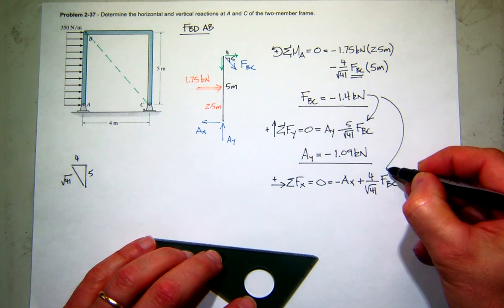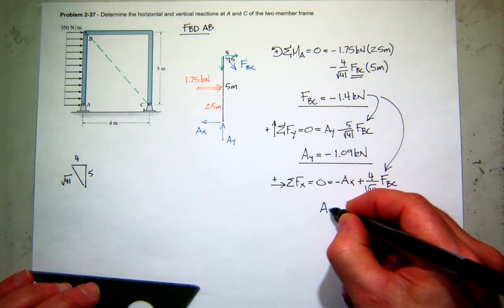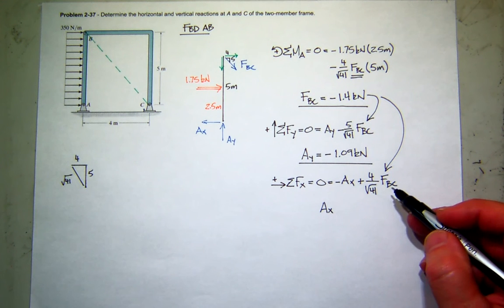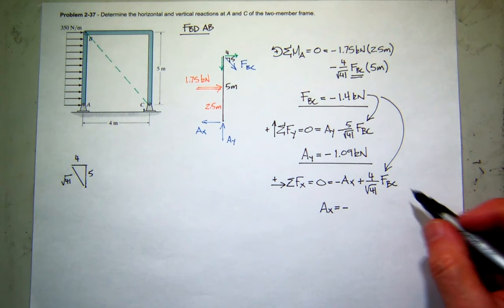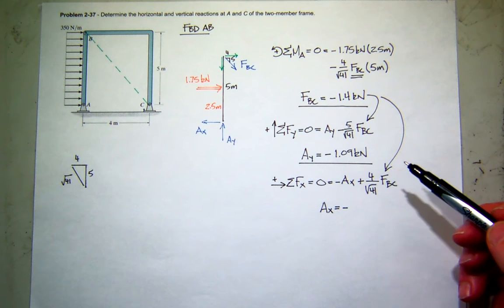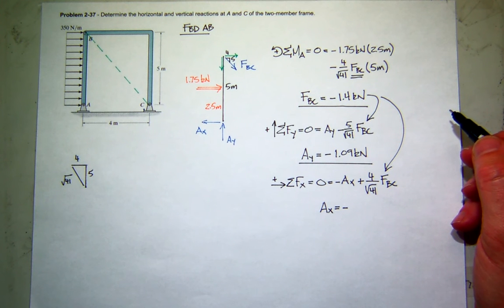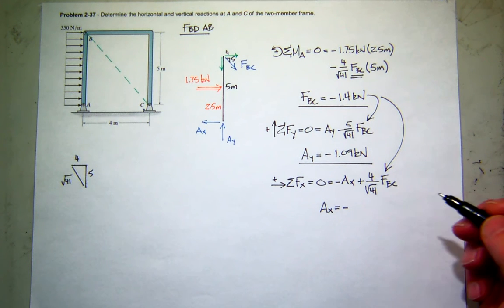And again, we can put FBC in there, and we should find that AX is going to be negative again. What's that value? It's going to be pretty close to this one, maybe a little bit smaller. So what's 1.4 times 4 divided by the square root of 41?